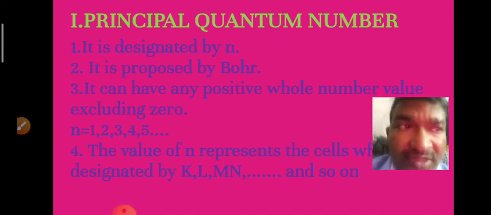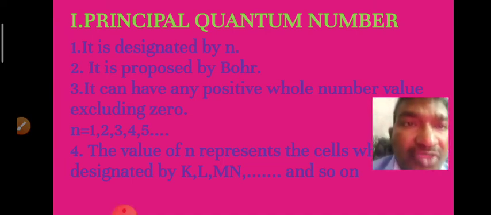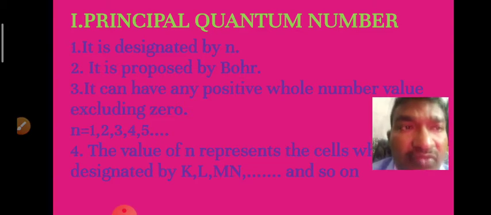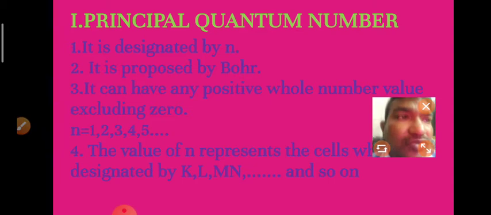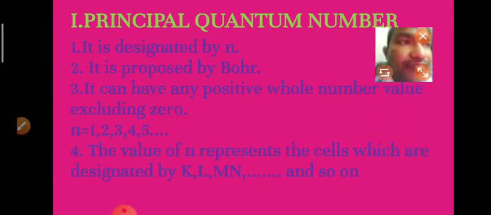It is proposed by Bohr. It can have any whole positive number, that means 1, 2, 3, 4 and so on, but it never gets the zero value. From 1 onwards, it may have any positive integer value.